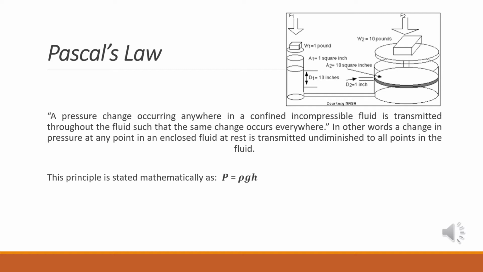So we go for hydrostatic pressure. It is given in Pascals in the SI system, or the difference in pressure at two points within a fluid column due to the weight of the fluid. Next, fluid density, in kilograms per cubic meter in the SI system.